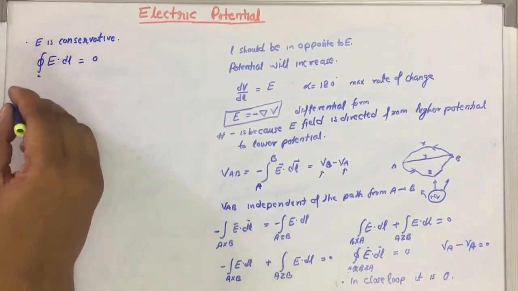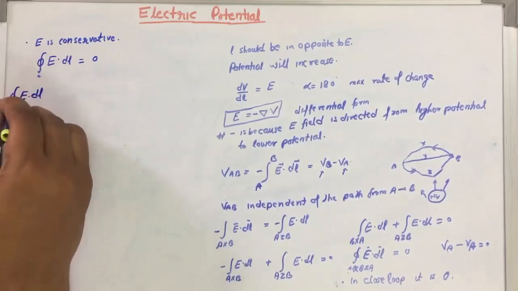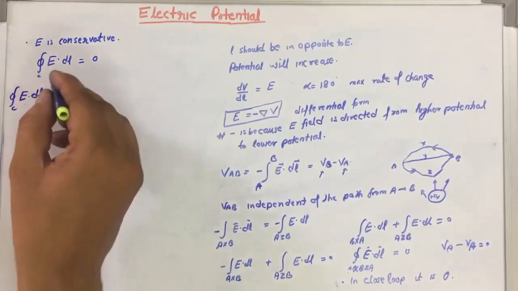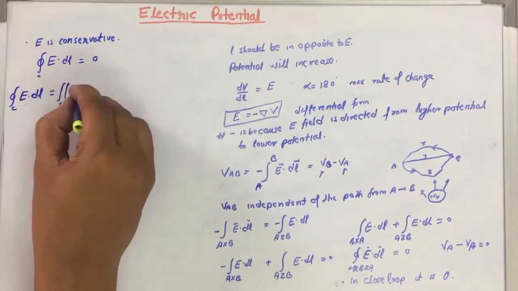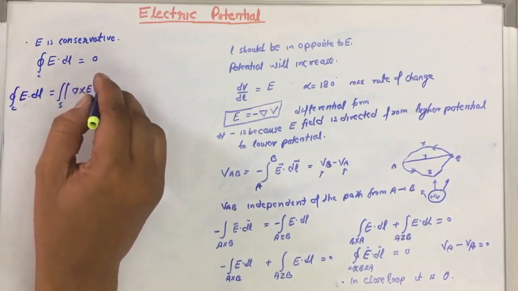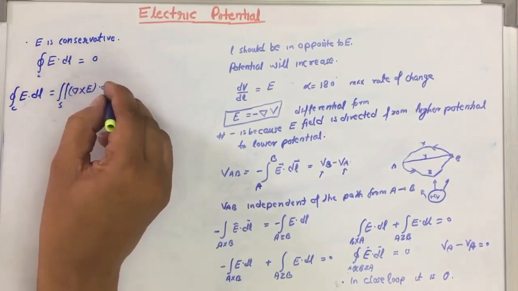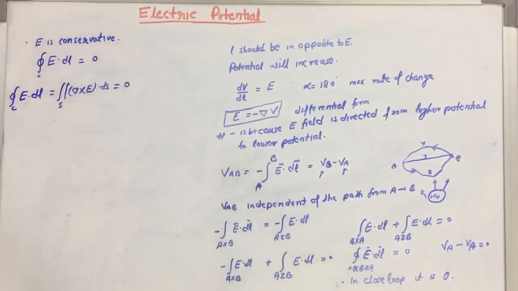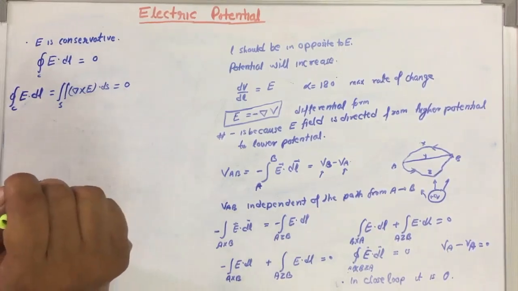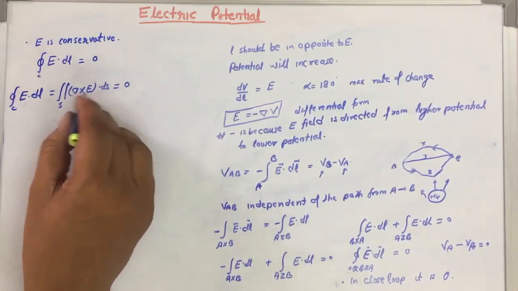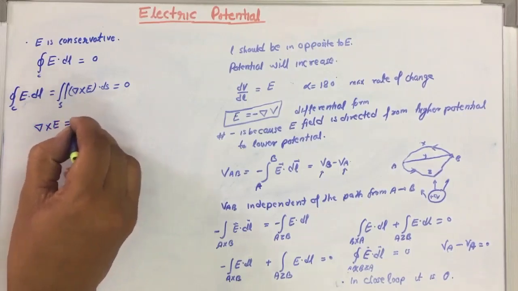Now according to Stokes' theorem, we can say E dot dl in a closed loop can be equal to del cross E dot ds over a surface. It must be equal to 0 according to Stokes' theorem, irrespective of the curve. So from here we can say del cross E should be equal to 0.